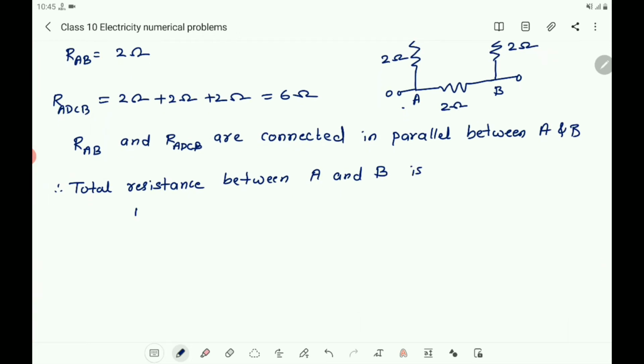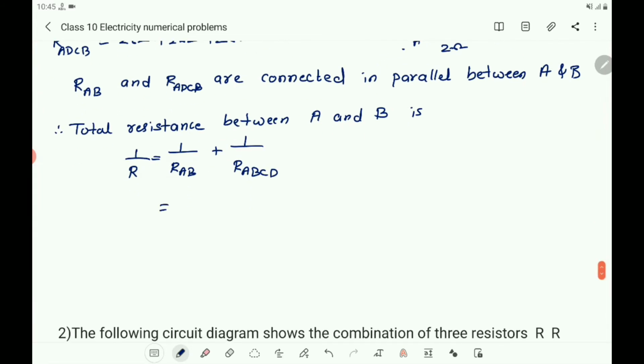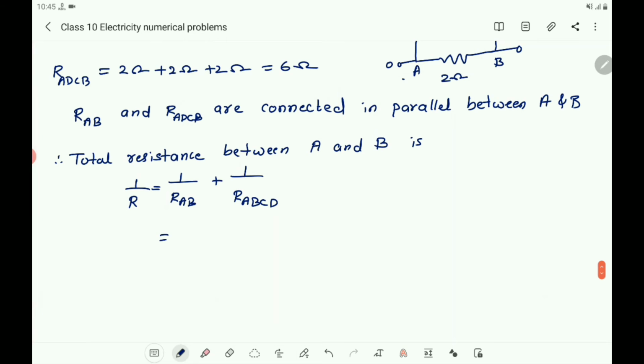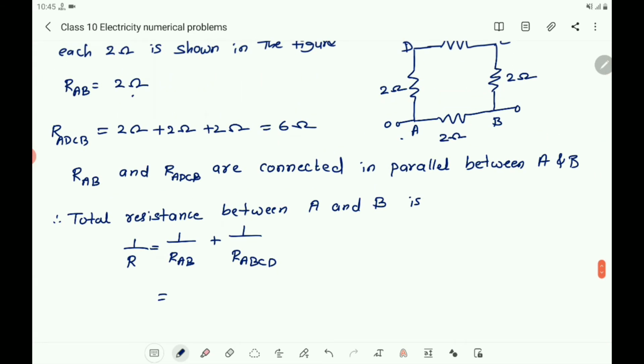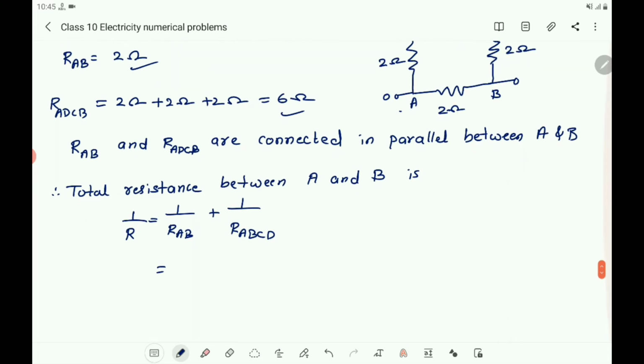1 by R equals 1 by RAB plus 1 by RADCB, that is 1 by 2 plus 1 by 6.